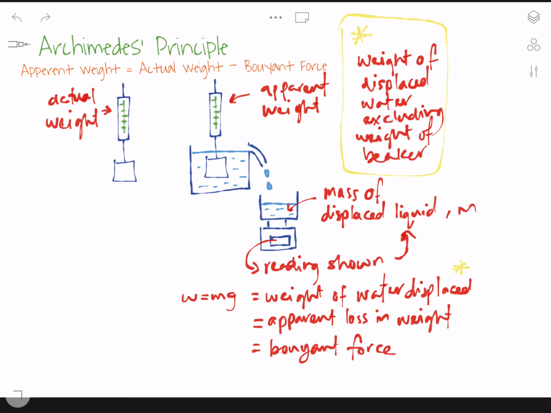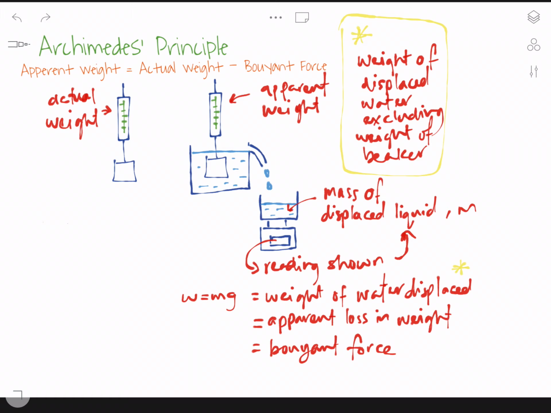Now, since the object is submerged in water, it will displace some water, and the water is collected in the beaker. The water in the beaker will be measured by the electronic balance, and it will show you the mass of the displaced liquid, or water if you use water as the liquid.